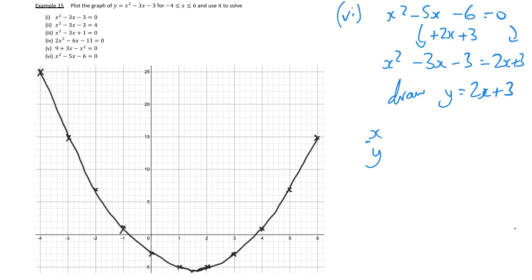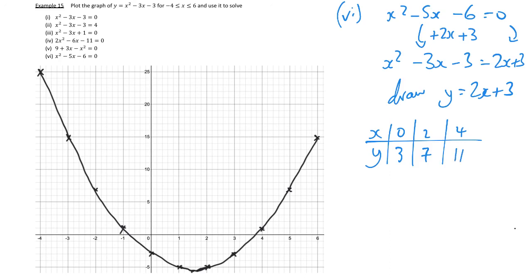To do that, we use the table of values. So when x equals 0, x equals 2, and x equals 4, say. So x equals 0, 2 zeros are 0, plus 3 is 3. 2 2s are 4, plus 3 is 7. 2 4s are 8. 8 plus 3 is 11.